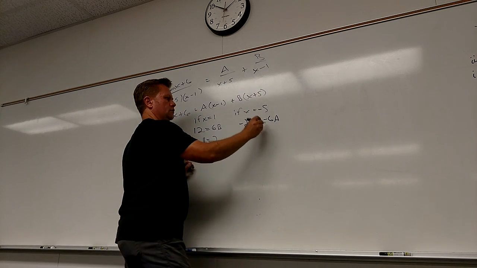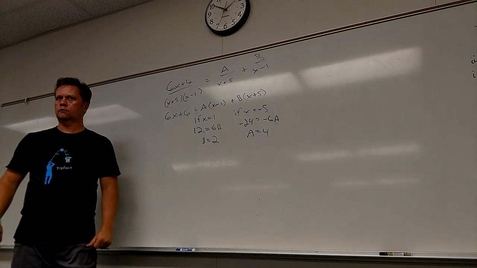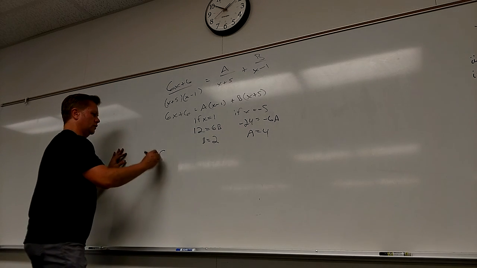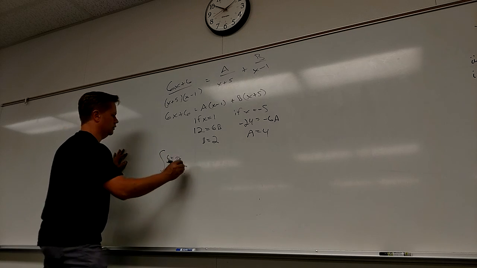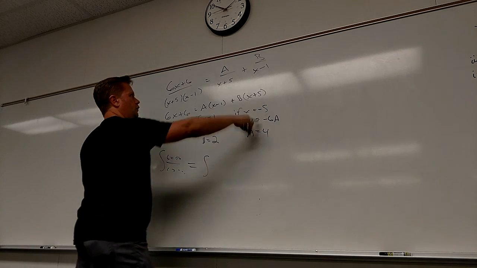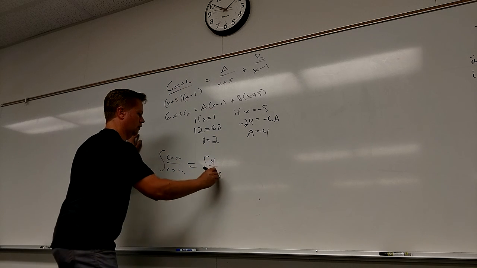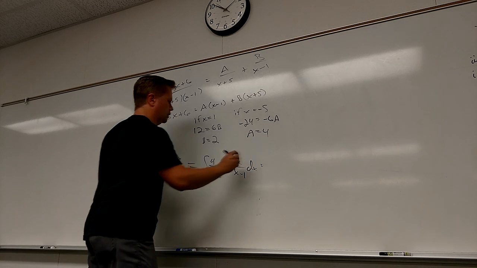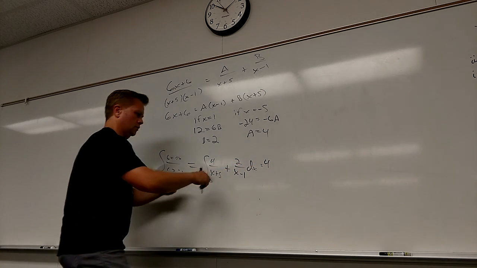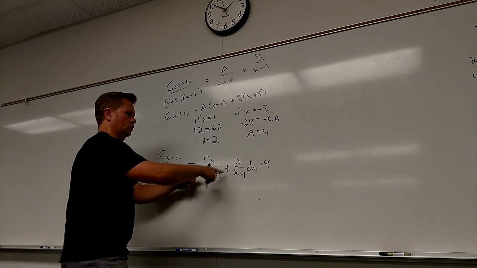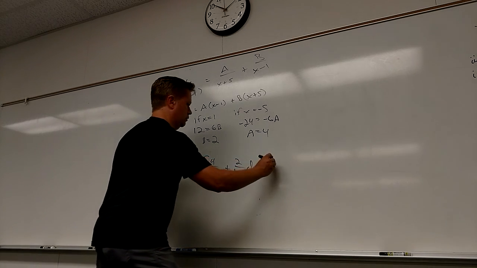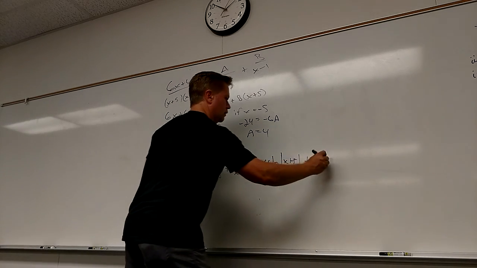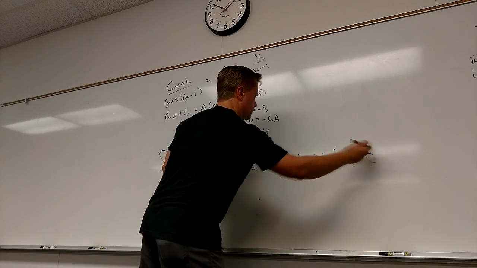So a is 4. Therefore this becomes 4 over x plus 5 plus 2 over x minus 1. Then you get 4 ln absolute value of x plus 5, plus 2 ln absolute value of x minus 1, plus c.